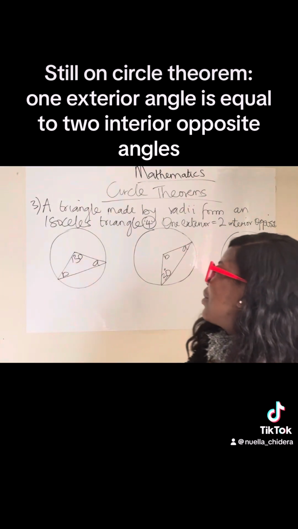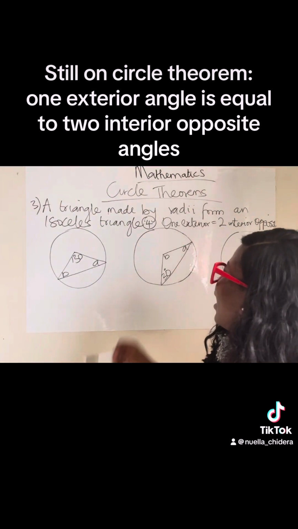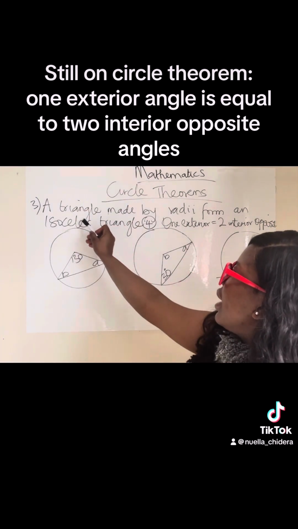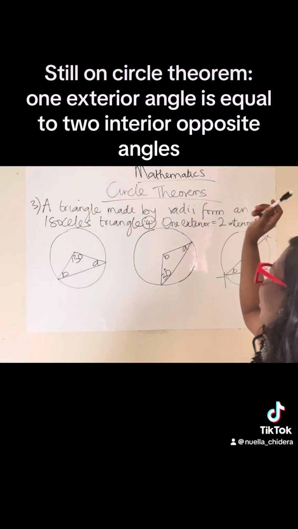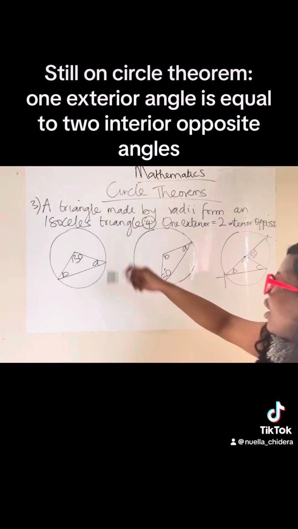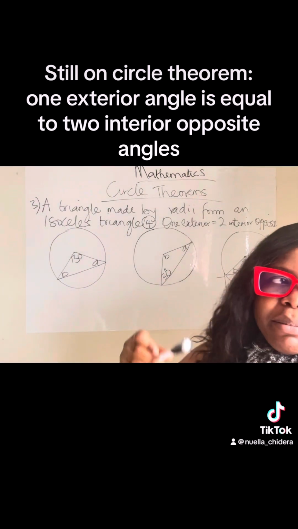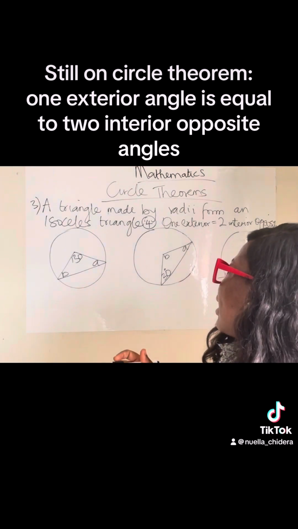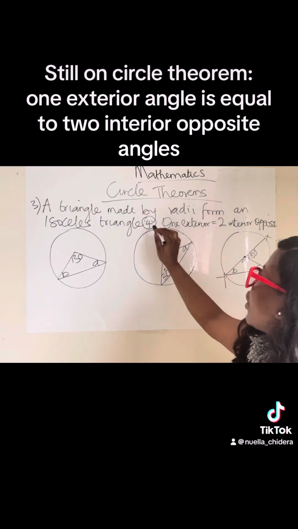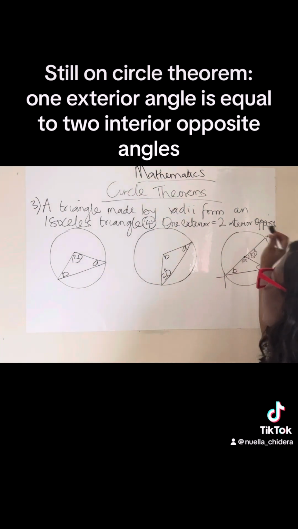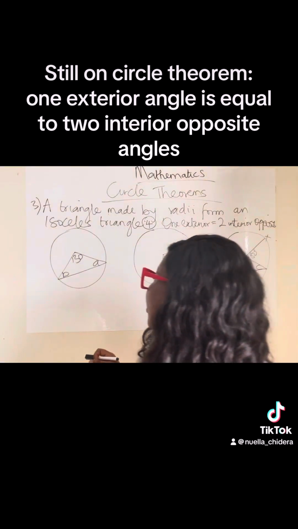So today we'll be looking at another circle theorem, and this one says that a triangle made by radii forms an isosceles triangle. So I'm actually incorporating two theorems together. The fourth theorem is that one exterior angle is equal to two interior opposite angles.